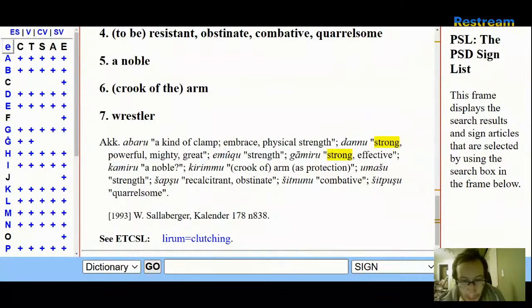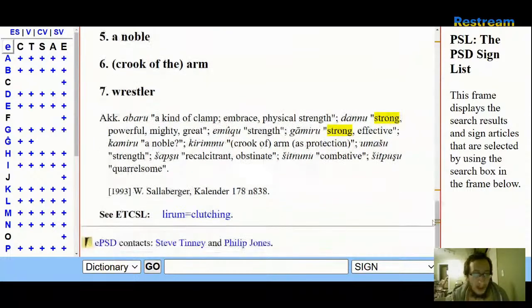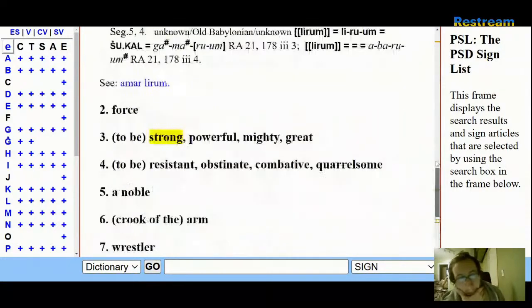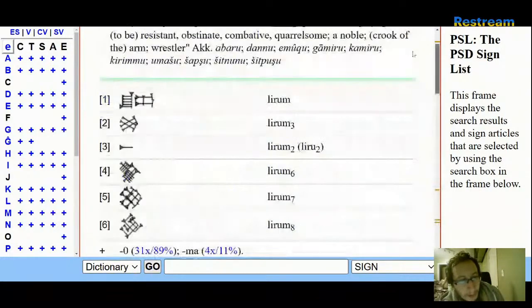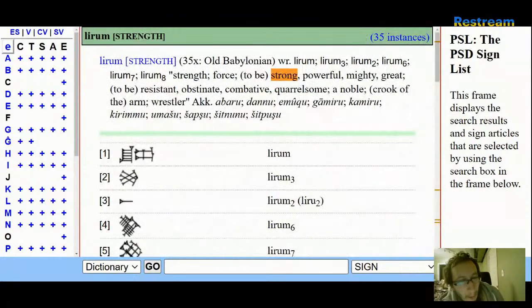Amuk is another type of strong. Gamir, a different type of strong. So there's all these different words that are different types of strength, and they all come from a similar Sumerian. They don't come from it, but like I tried to explain earlier in this video how it works, the Sumerian word can be used to mean the same Akkadian word. Like it can be translated.